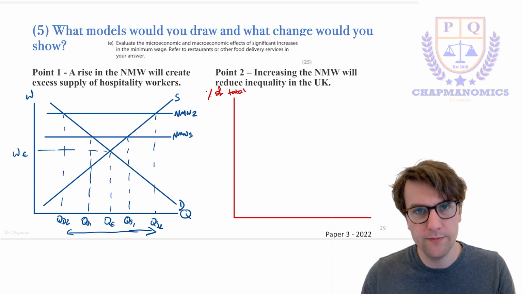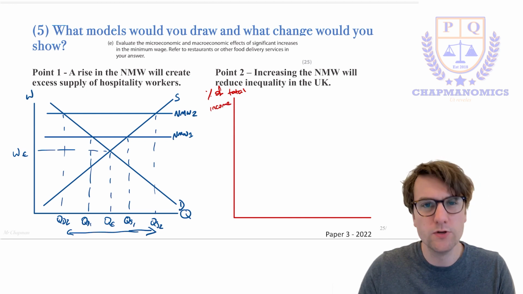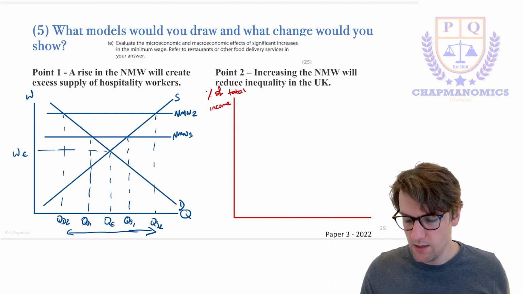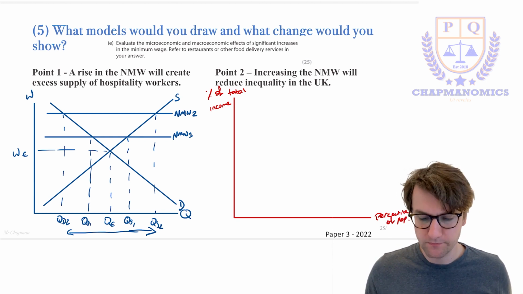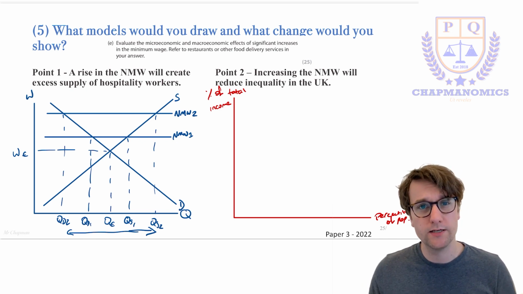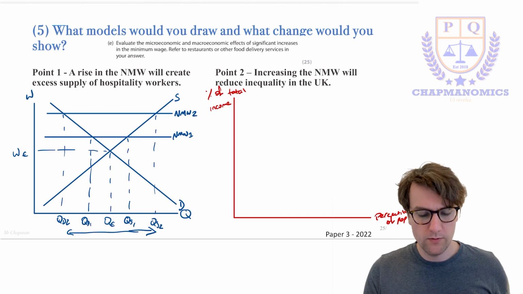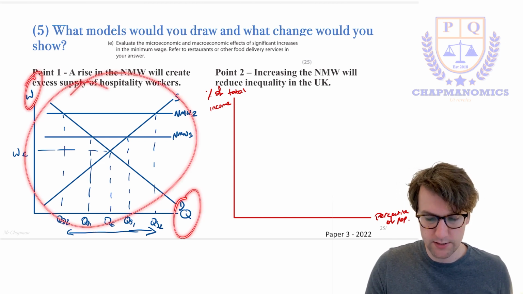Because we're talking about a minimum wage, I think that's going to be income, because we're not talking about changes in wealth here. And then it's going to be percentile of the population. And these are on our two axes. Now, we're talking about macro because we're talking about inequality across the whole of the UK here. And we're talking about micro on this side because we have our wage and our quantity.